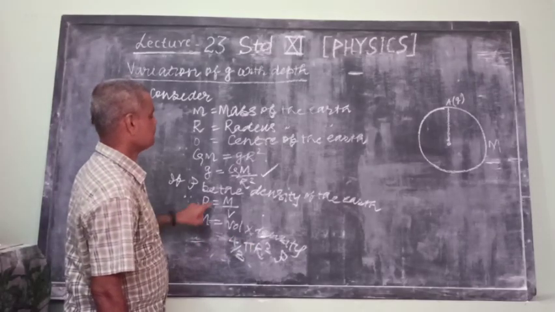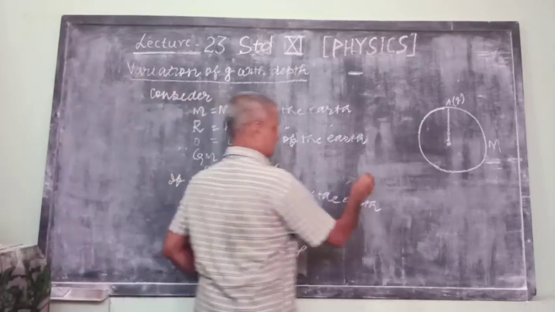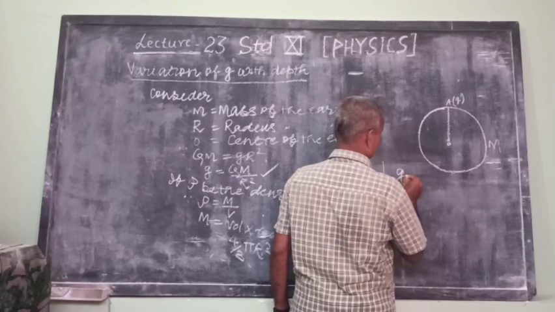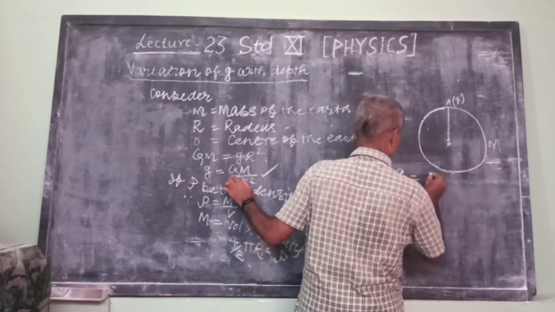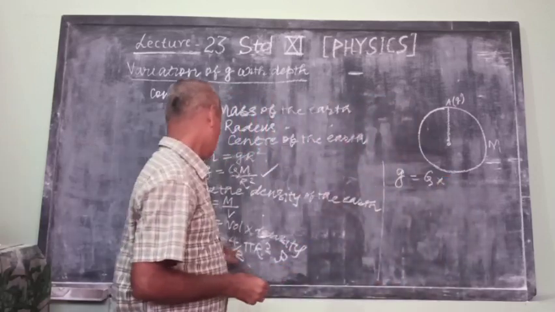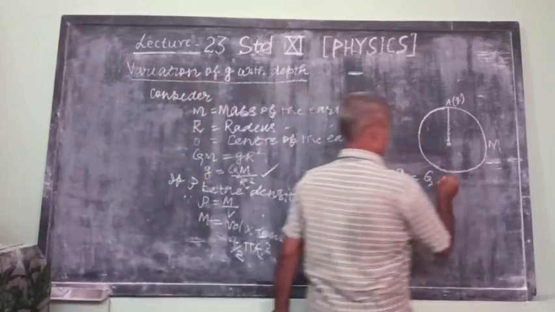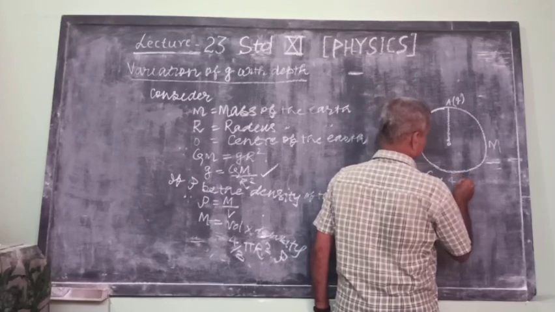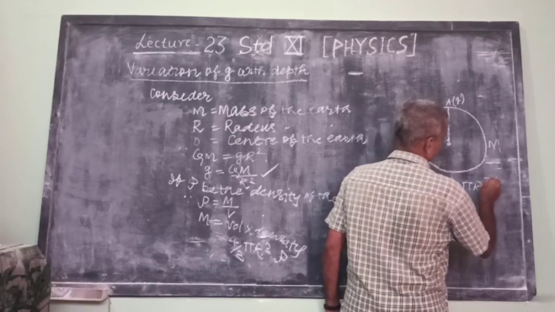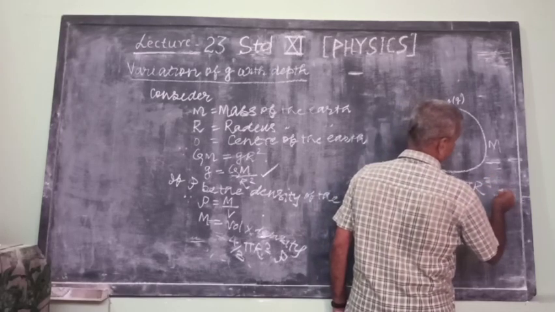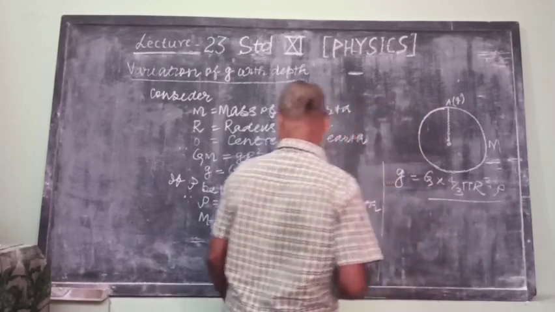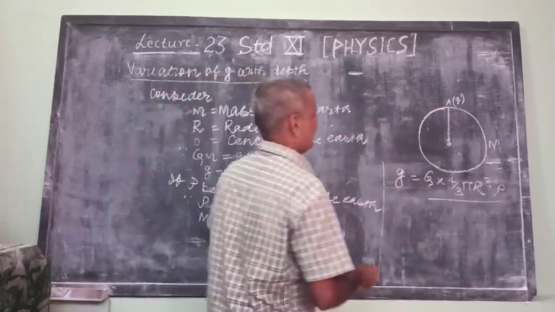If we put this value in this equation, then we will get g is equal to G into, what is the value of mass? M is equal to 4 by 3 pi R cube multiplied by rho, and it is divided by R square.